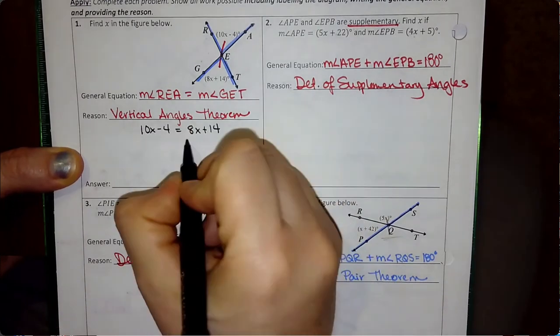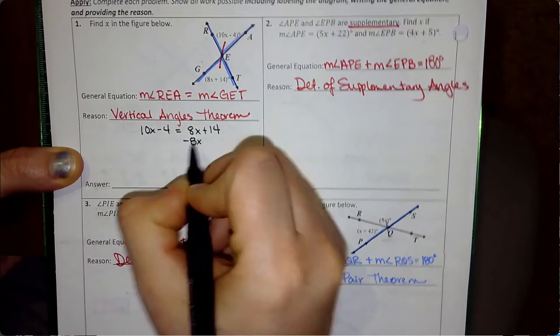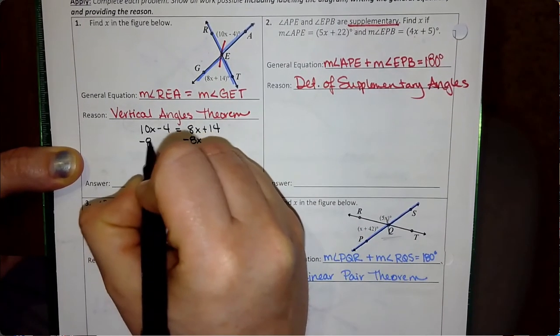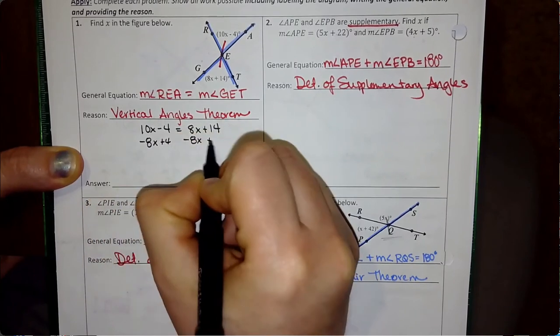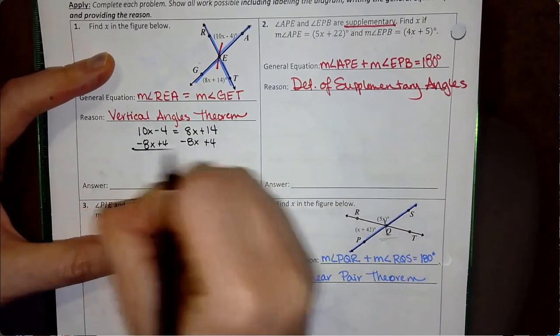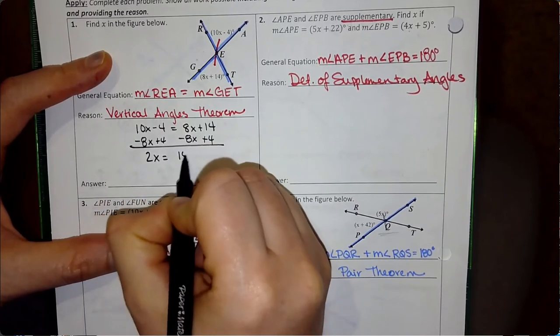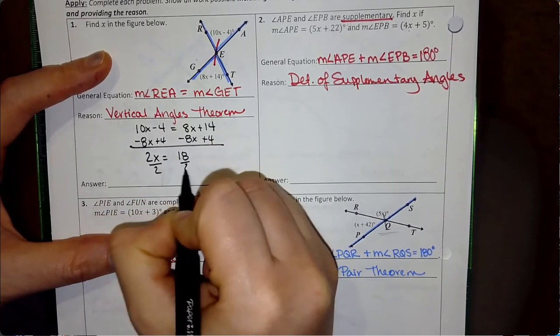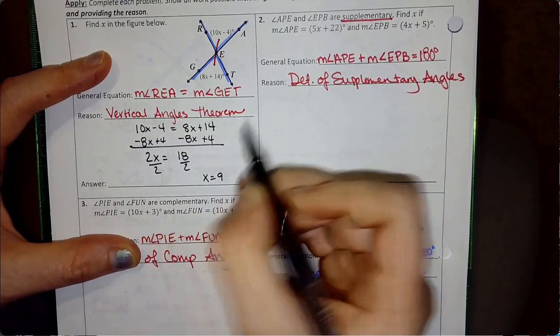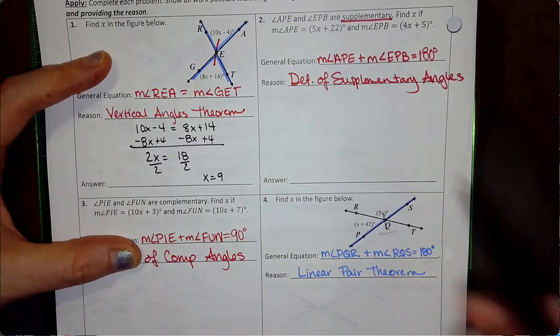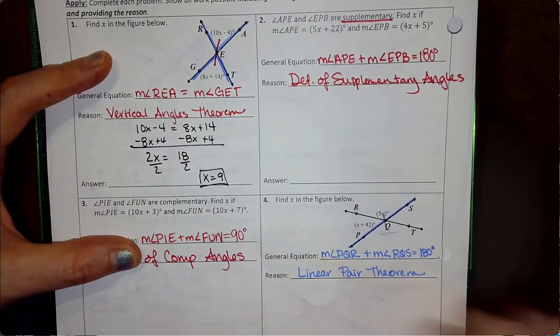I'm going to move the x's to the left, numbers to the right. X equals 9. In each one of these problems they ask me to solve for x, so I'm just going to box my answer when I get there.